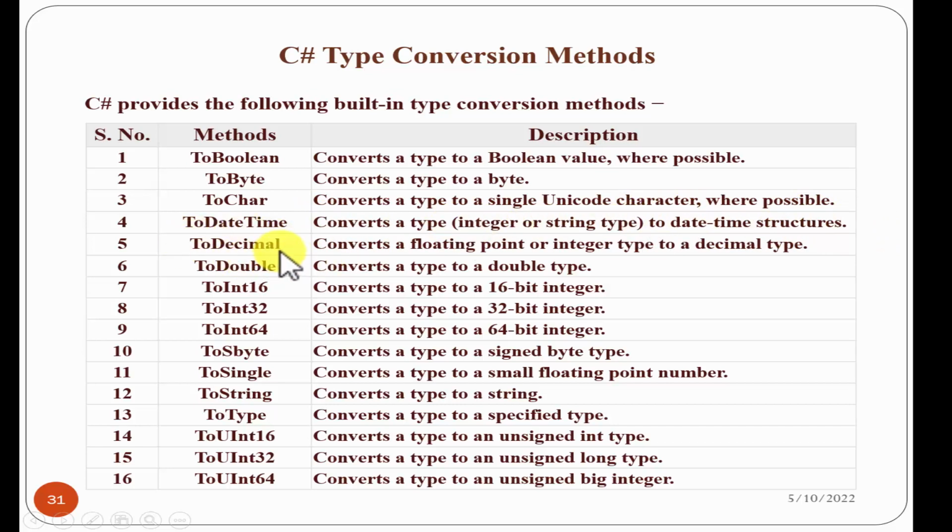ToDecimal is another method that converts a floating point or integer type to a decimal type. ToDouble is also for floating point but with more size, converting a type to a double type.